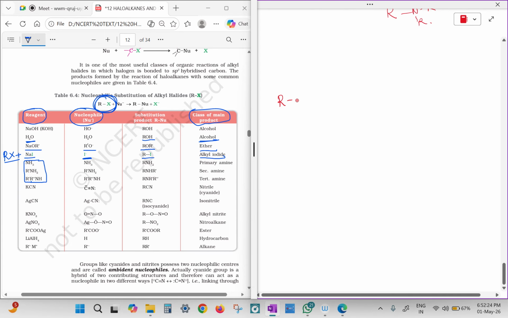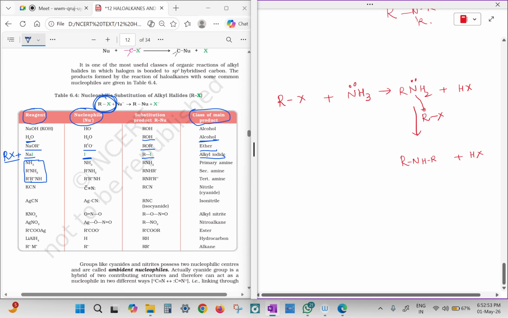So RX, check this out, NH3. The first reaction is RNH2 plus HX. Is that okay? The first reaction is fine. This will act again as a nucleophile on RX and will form RNHR and again an HX.